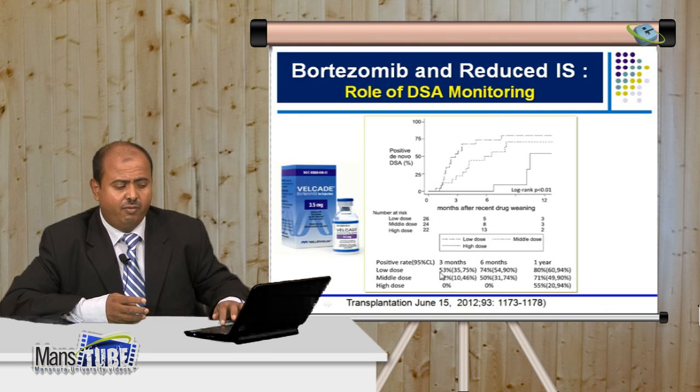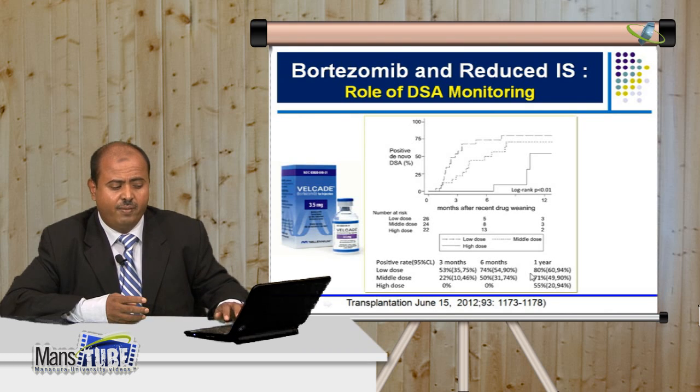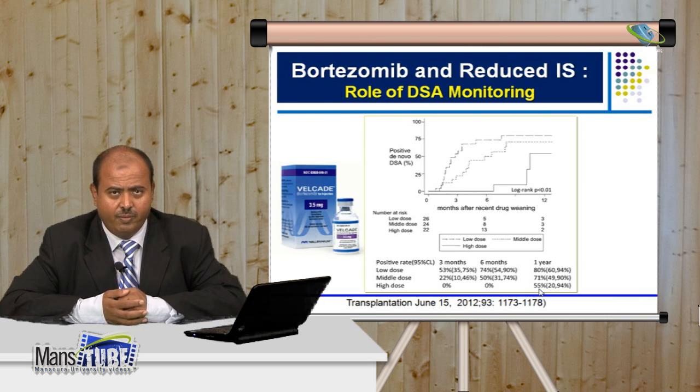If you look here, if you follow the patients with low dose, after 3 months, 50% of patients will develop donor-specific antibody, and by a year, 80% develop antibody. Even in the high dose group or patients with triple immune suppressive drugs, within a year, more than 50% will develop donor-specific antibody.